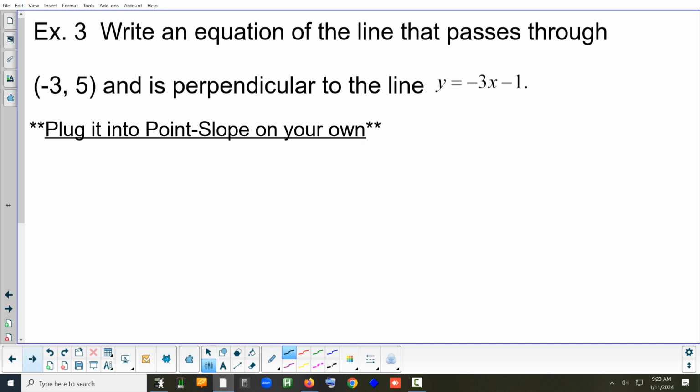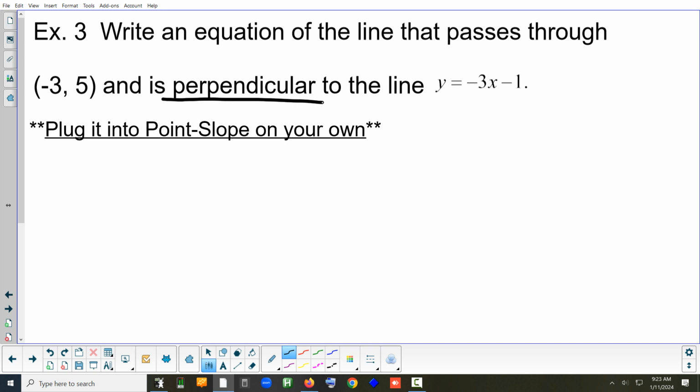All right. So why don't you guys try this one? I'm giving you an equation. I'm telling you that the point that it has to pass through is -3,5. And I want it to be perpendicular. Make sure you read that carefully. It could say perpendicular or it could say parallel on the test.